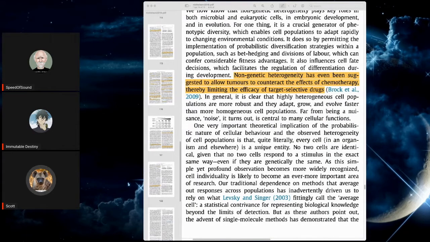Okay. One very important theoretical implication of the probabilistic nature of cellular behavior and the observed heterogeneity of cell populations is that quite literally every cell in an organism and elsewhere is a unique entity. No two cells are identical, given that no two cells respond to a stimulus in the exact same way, even if they are genetically the same.